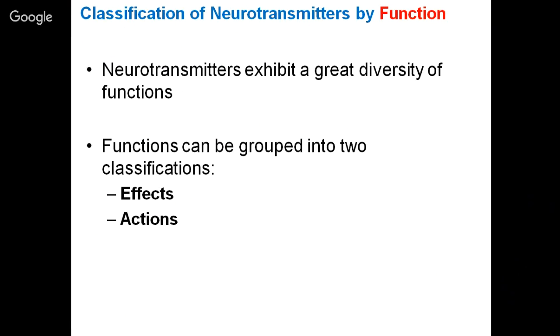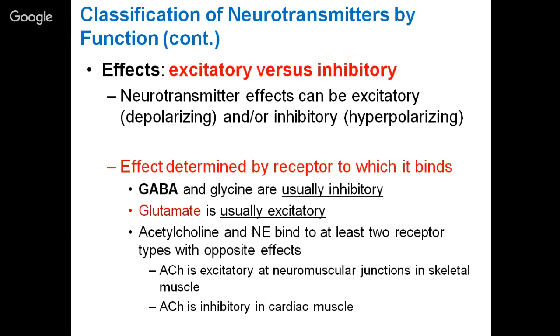So for classification by function, we can divide them into two types due to effects and actions. And with relation to function, they exhibit a great diversity. With regard to the effects, it could be excitatory versus inhibitory.